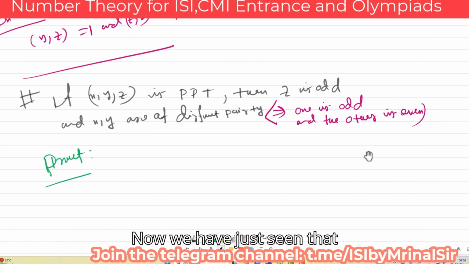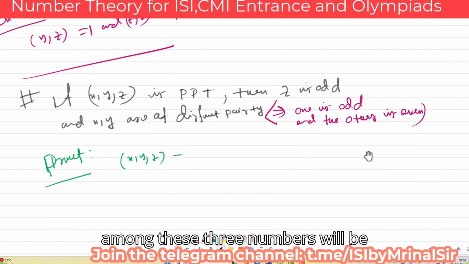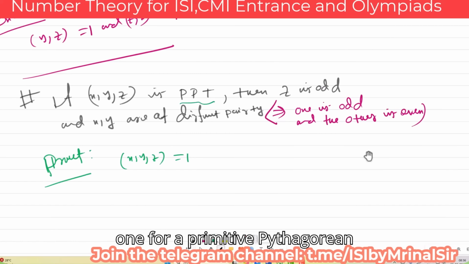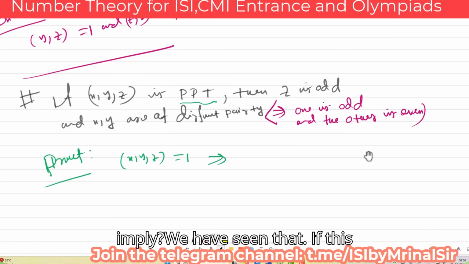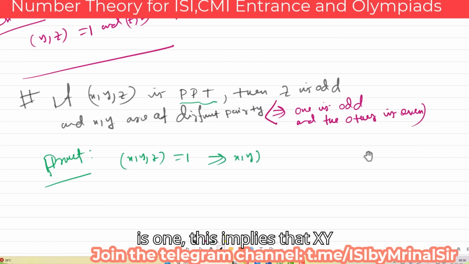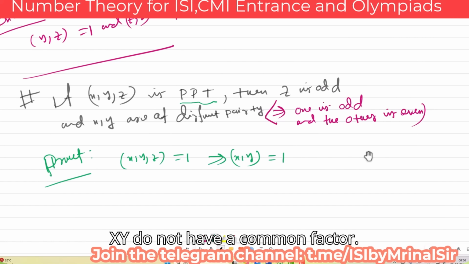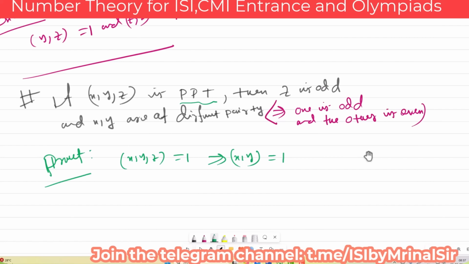Now, we have just seen that the GCD among these three numbers will be 1 for a primitive Pythagorean triplet. So, what does this imply? We have seen that GCD of x and y equals 1. This implies that x and y do not have a common factor.